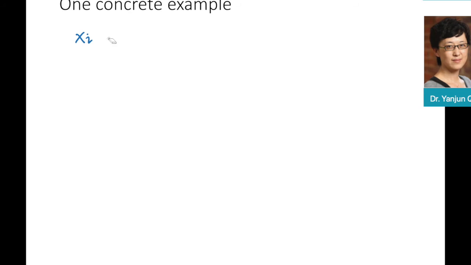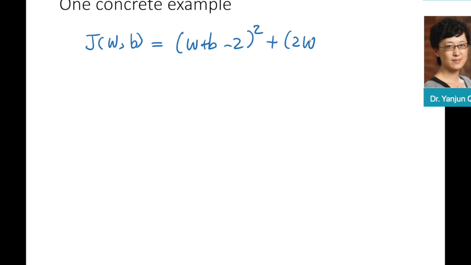Let's remember what our J(W, B) looks like. If you still remember, that is (W plus B minus 2) quadratic plus (2W plus B minus 3) quadratic. I will not put a third point, just to make it a little bit easier. So I will have only 2 points.